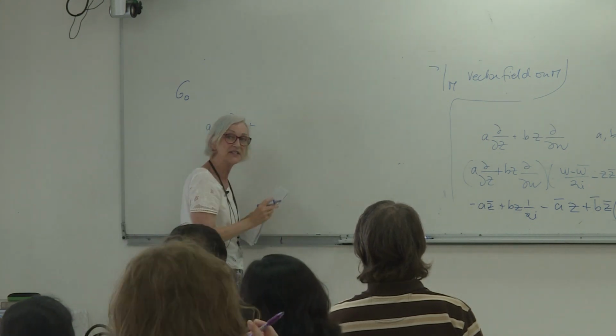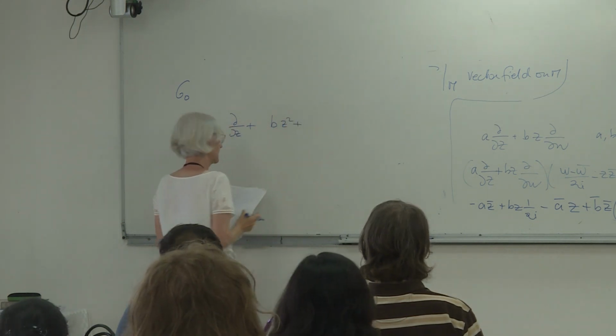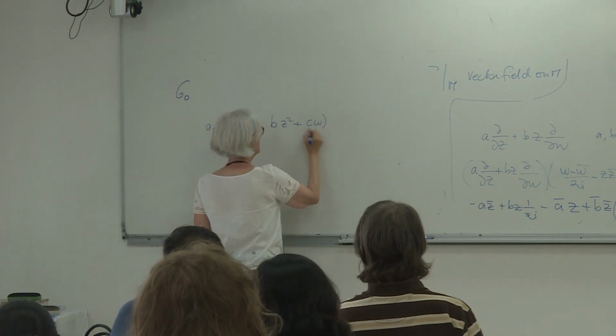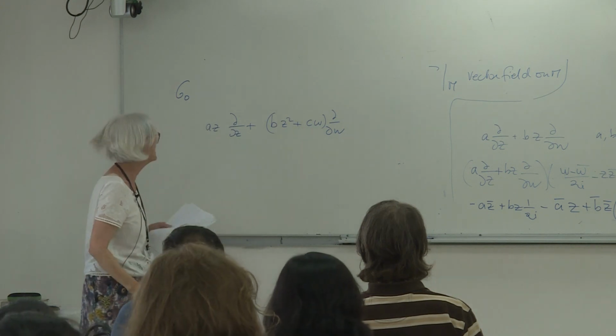There are two candidates, right? There is B Z square plus C W ∂/∂W. Okay? So what are the possibilities?